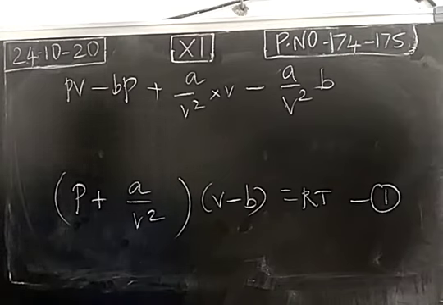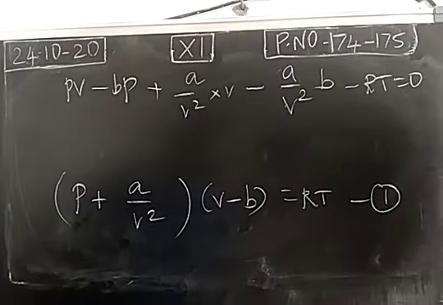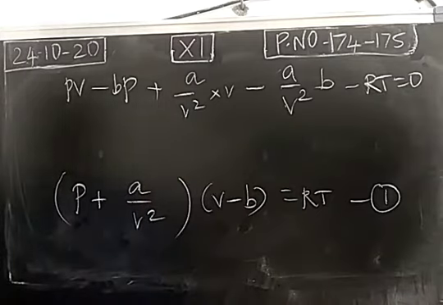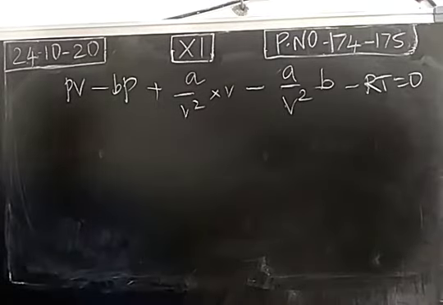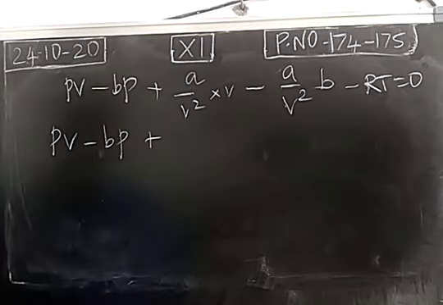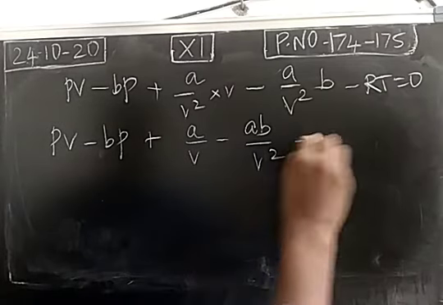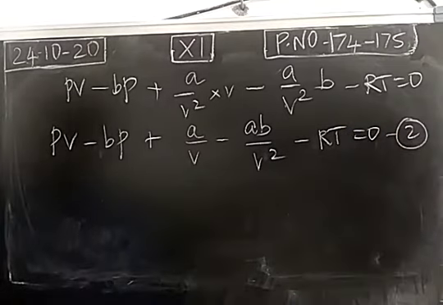On the right hand side we have RT, this comes to the left hand side, so minus RT is equal to 0. PV minus bP plus a by V minus ab by V squared minus RT is equal to 0. You consider this as equation 2.